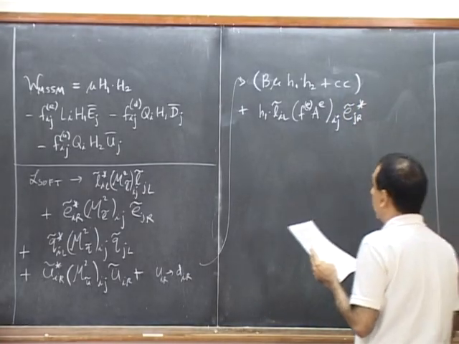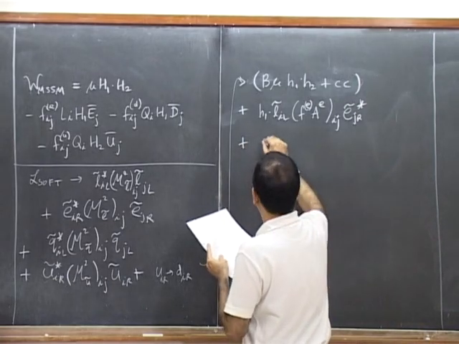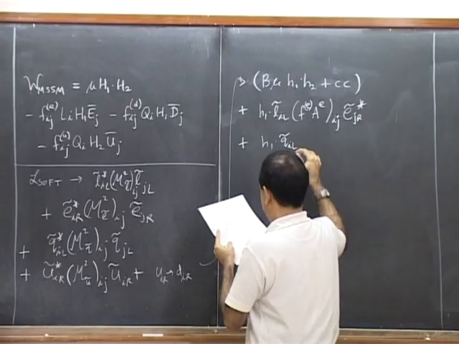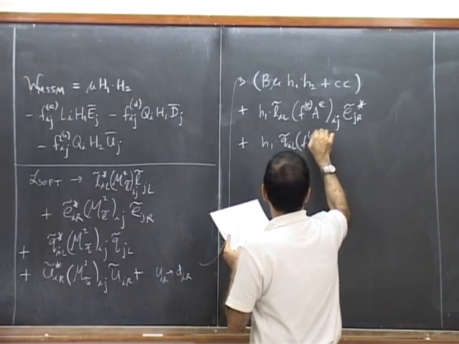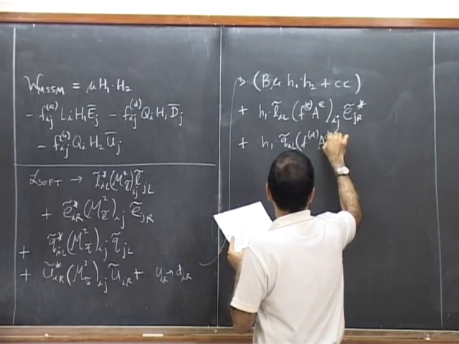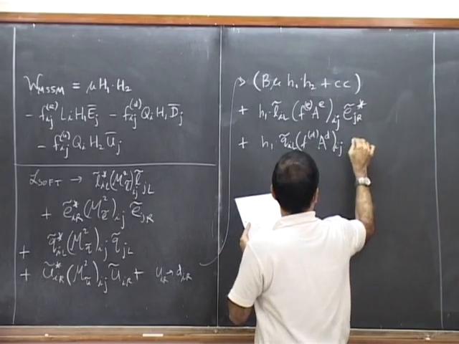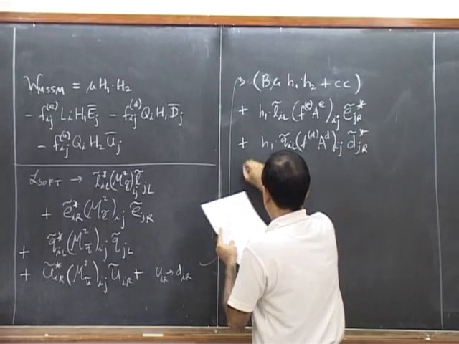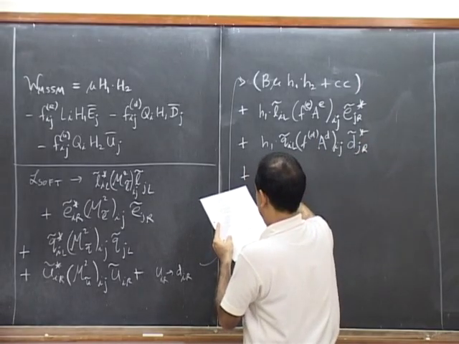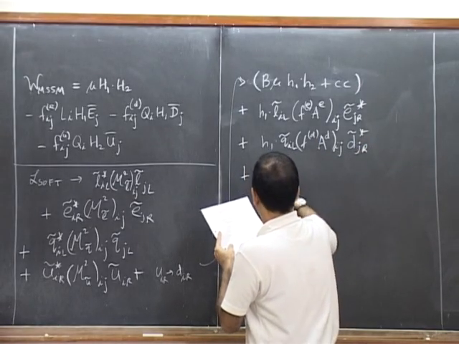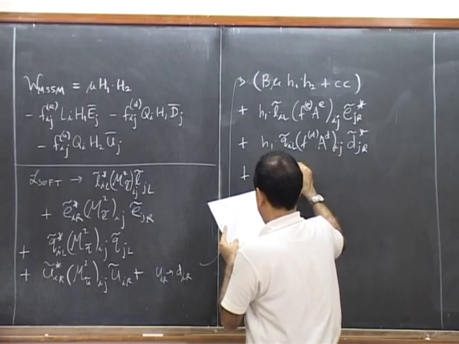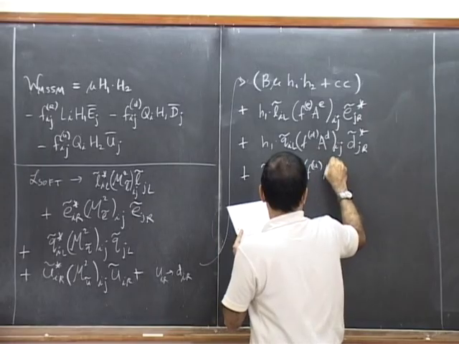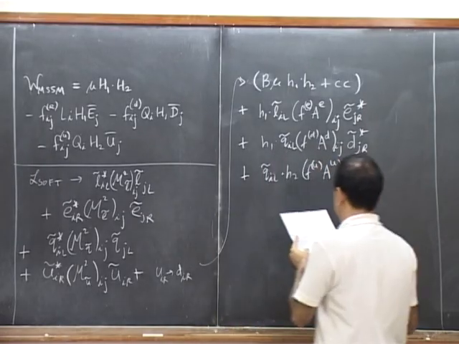So that's one cubic term. Another cubic term, written in the same spirit, FD, AD, okay. And then finally, Q tilde L H2, FU. So again, it follows the same sort of pattern.